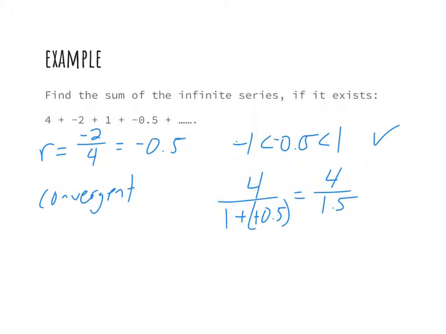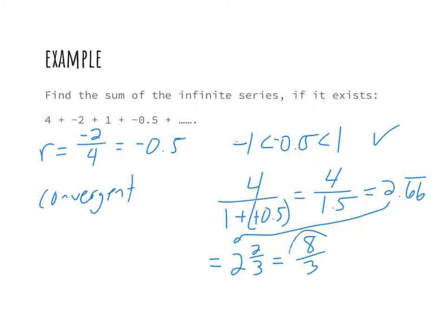If I type that into my calculator, I'm going to get 2.66 repeating. Once again, we don't want to leave it as a repeating decimal. So I can say that that again is 2 2/3. Writing that as a single fraction, I should get that my answer is 8/3, the sum of this series.